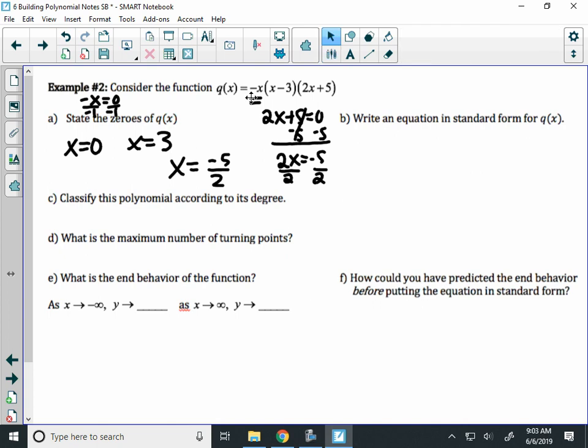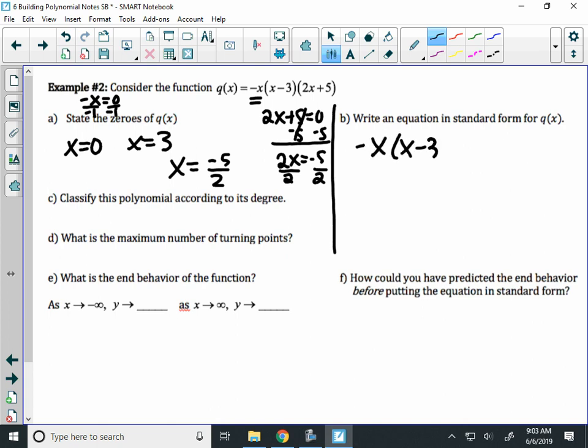Now, to write something in standard form means that I need to get rid of the parentheses. So I'm just rewriting the original. I want to get rid of these parentheses, but I can only multiply two things together at a time. So my suggestion and my trick to make sure that we don't mess things up is I always start on the right.